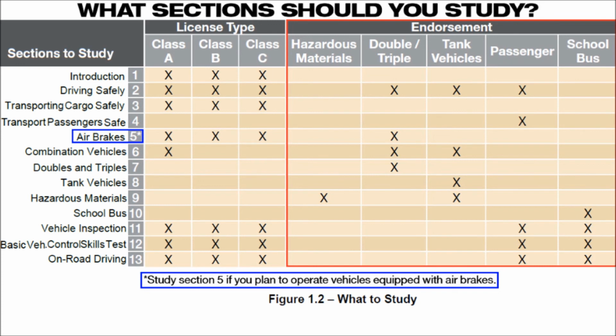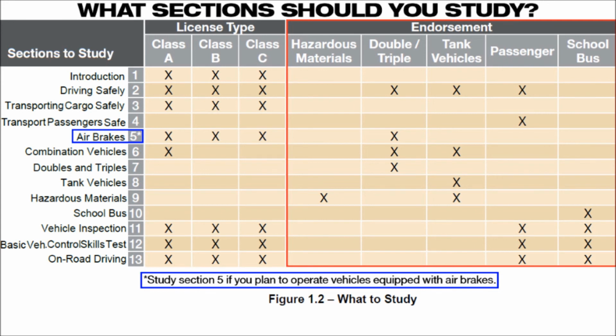So what you would do is look at the type of license that you would like to have, whether it be Class A, B, or C, and then select also the type of endorsement that you would like to have. And then look at the X in the appropriate box and then study that appropriate section.